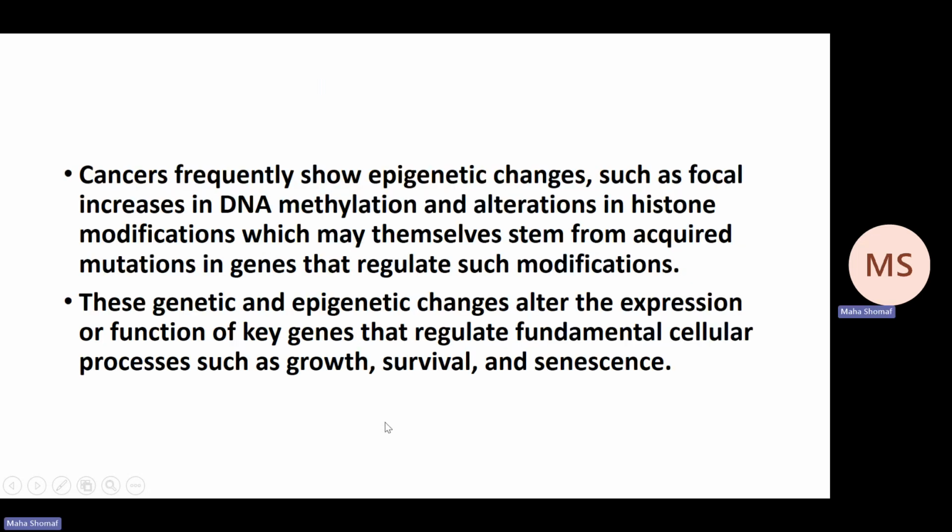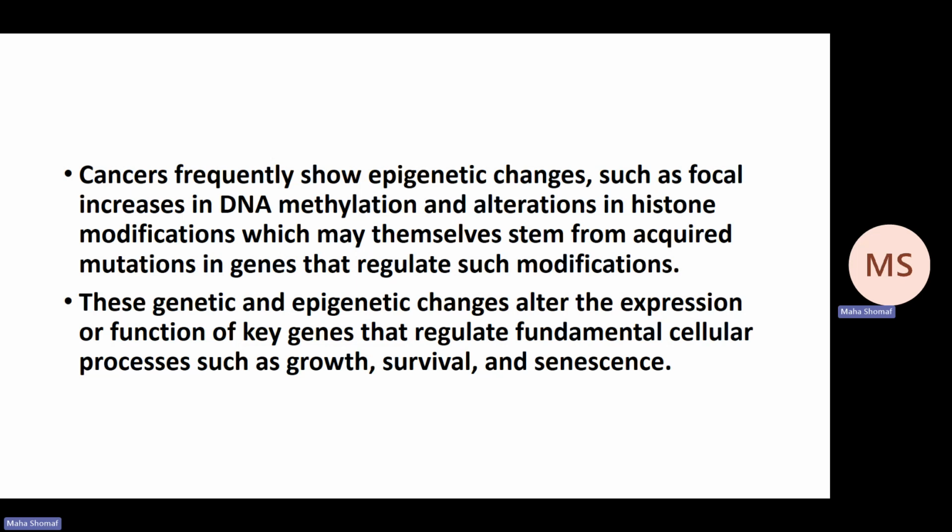Cancer frequently shows epigenetic changes such as focal increase in DNA methylation or alteration in histone modification, which may themselves stem from acquired mutation in genes that regulate such modification, as we are going to discuss in our talk about neoplastic diseases.